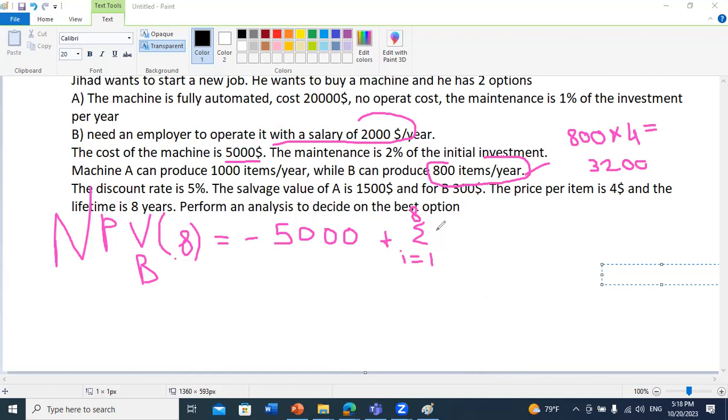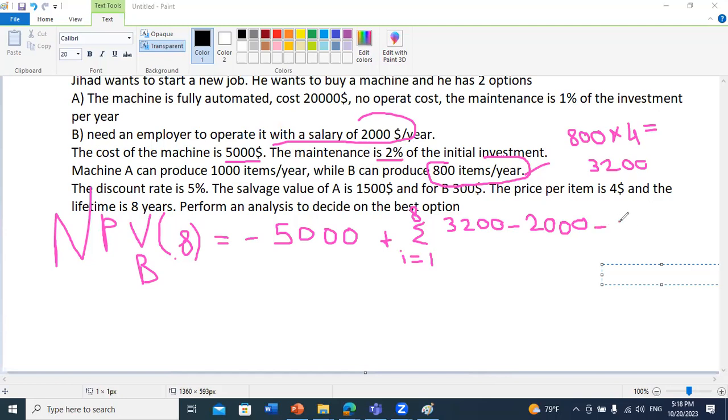So I have 3,200 minus, I have first the salary, which is 2,000. And I have also the maintenance cost, which is 2% of the initial investment.